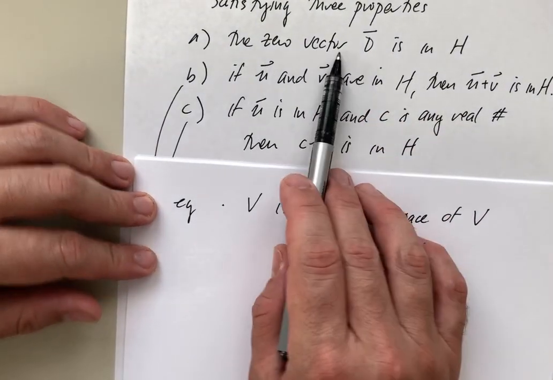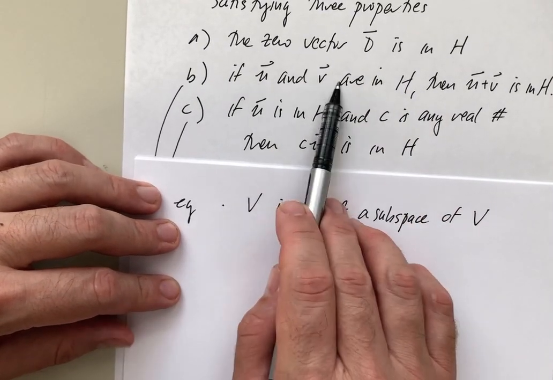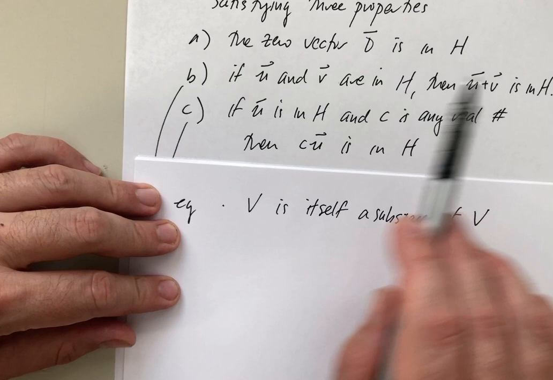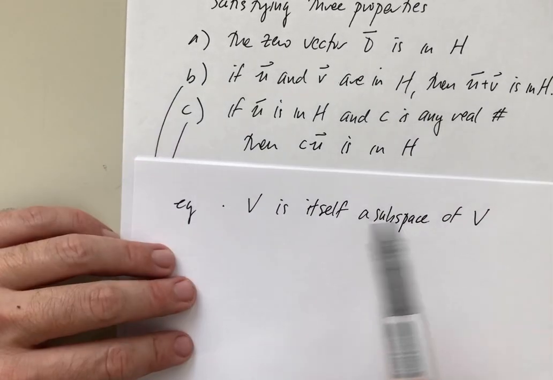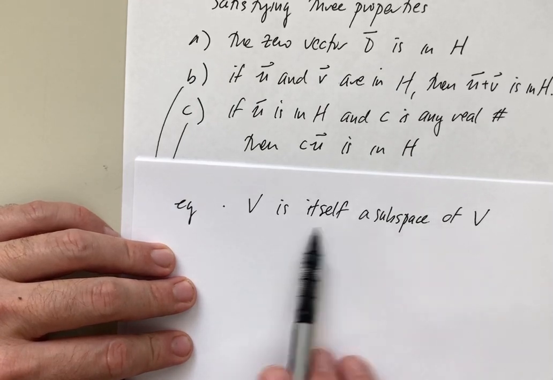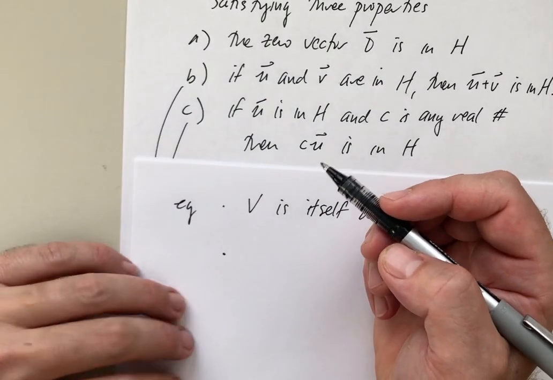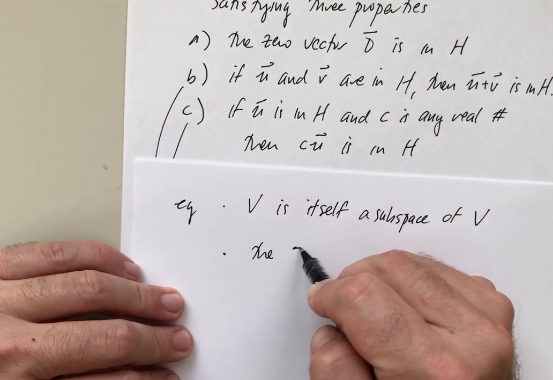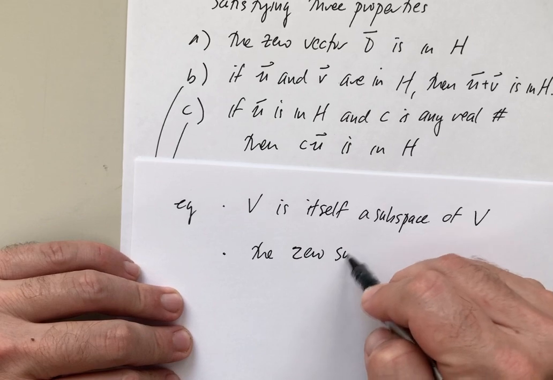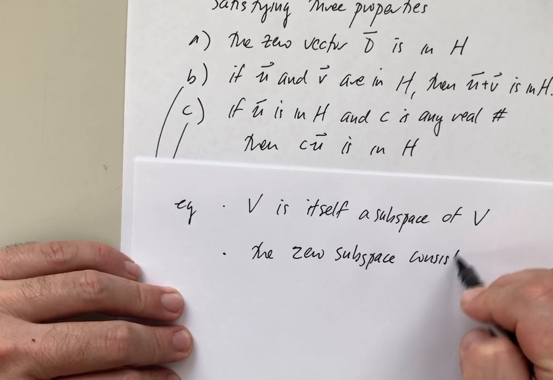Of course, the 0 vector is going to be in V because it comes with the 0 vector. If I take 2 vectors in V, their sum is still in V. Similarly, if I scale a vector in V, it stays in V. These are by definition properties that V has. Maybe a little bit more interesting, although kind of equally silly in some ways, is the 0 subspace consisting of just the 0 vector.